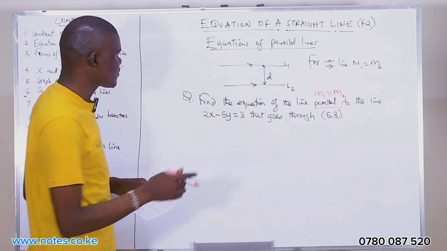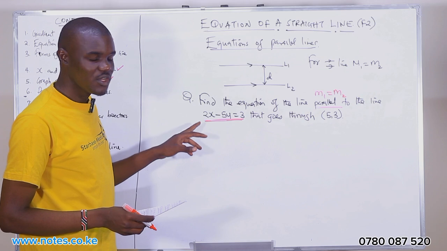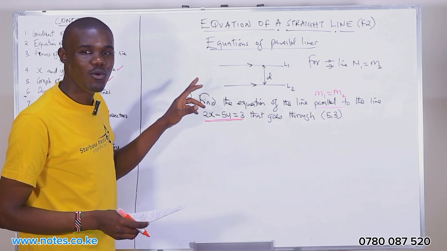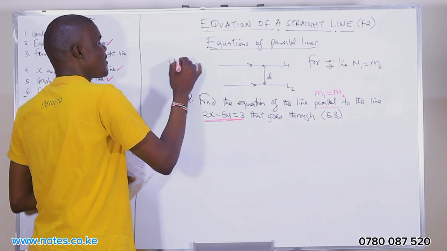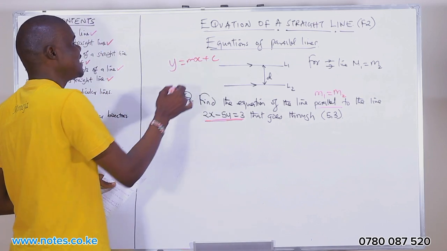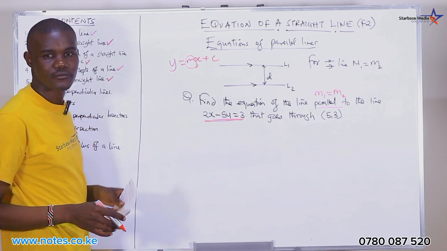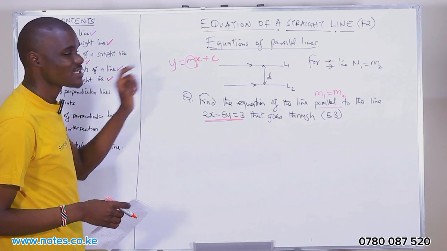That is the essence of this first line you are given. So the only thing you need to do to it is to write it in the form of y is equal to mx plus c. Writing it in the form of y is equal to mx plus c will enable you identify easily m. That is it. And remember to simplify so that y stands alone.